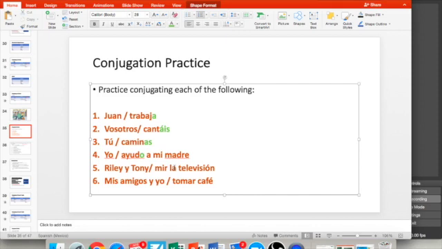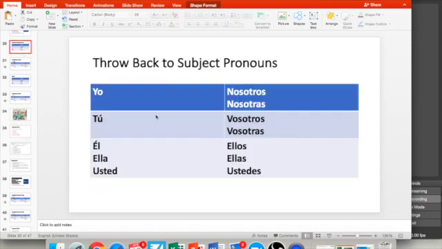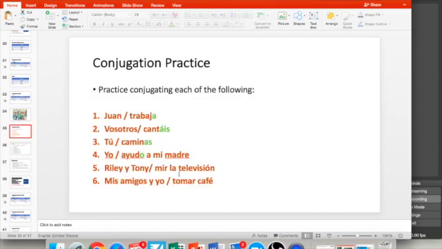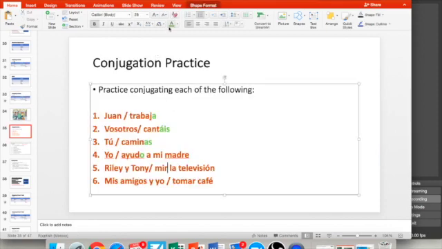Riley and Tony would be two males, so we're saying they. Riley and Tony, they. They, ellos, is my bottom right box here. And my correct ending for an AR verb is an AN. So I've chopped off my AR. I'm going to throw on an AN and say that Riley and Tony miran la televisión.